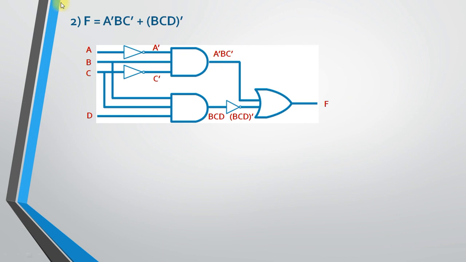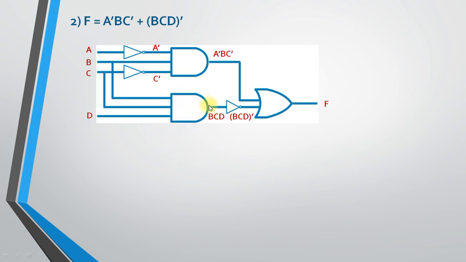Let me repeat it once again. Over here it contains NOT gate. NOT gate means inverted value. Inverted value means A dash. B goes directly. C again goes with the inverted value. So C dash is there. In between we have used NOT gate, AND gate. AND gate means multiplication. So A dash, B, C dash over here. Similarly, I have taken cable from the B input variable, C input variable and D input variable.